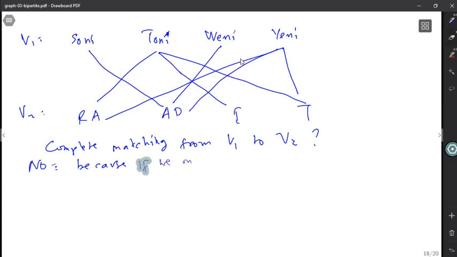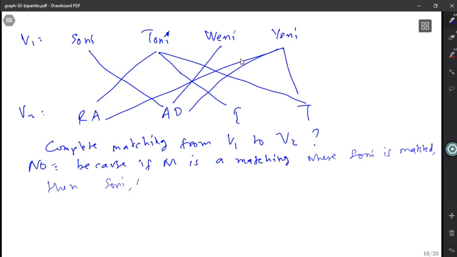so let me write it down more formally. If M is a matching involving Sonny, where Sonny is matched, then Sonny must be matched to AD, right?